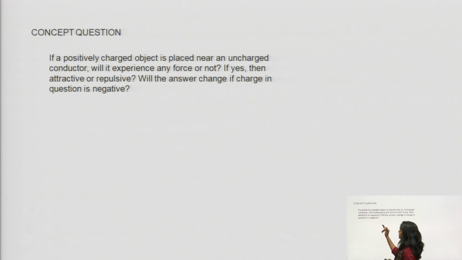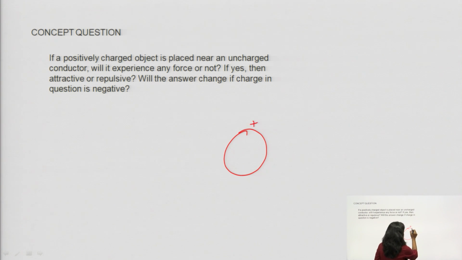Now this is one concept question. You will think about it, and we will discuss it in the later classes. If a positively charged object is placed near an uncharged conductor, will it experience any force or not? If yes, then attractive or repulsive? Will the answer change if the charge in question is negative? I am simply describing it.